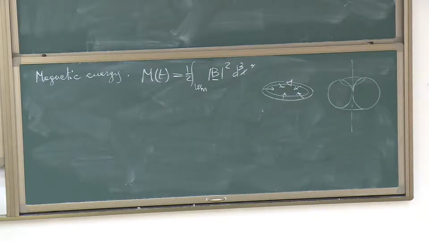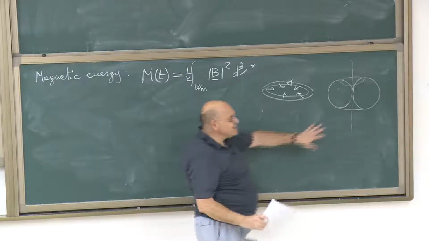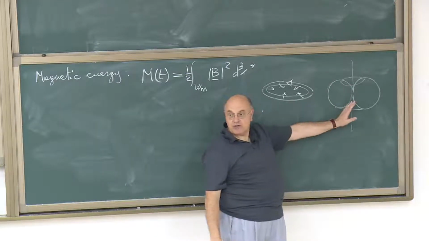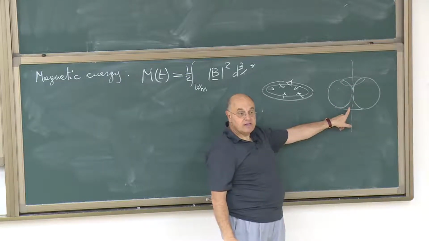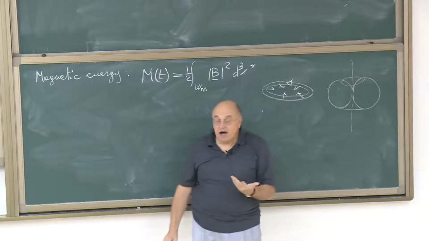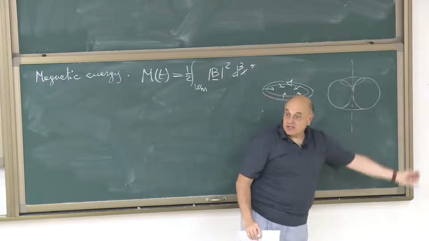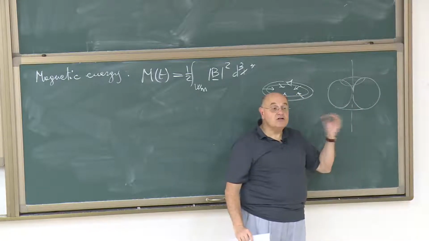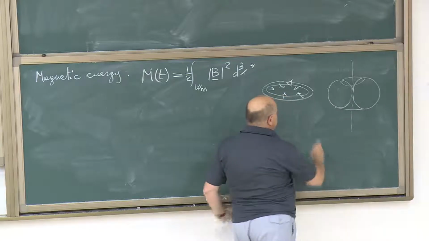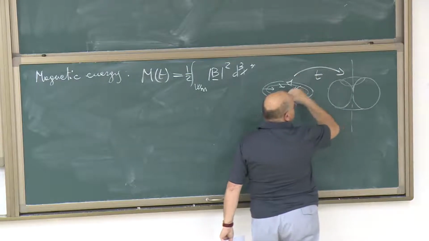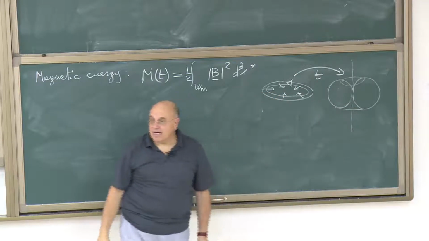So we stop there. So for us, the final end state of this relaxation process is this one. And we are aware of the fact that this relaxation process can continue further, but we don't know how to deal with it mathematically.